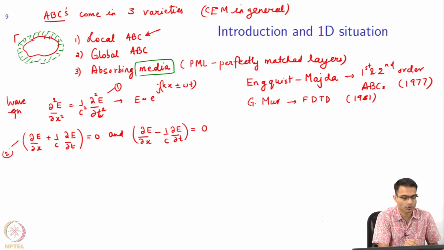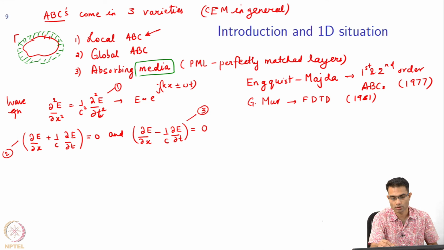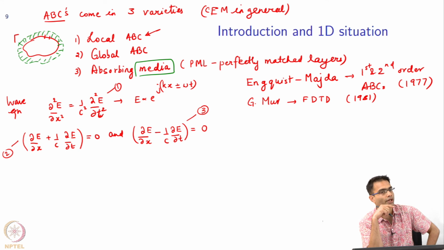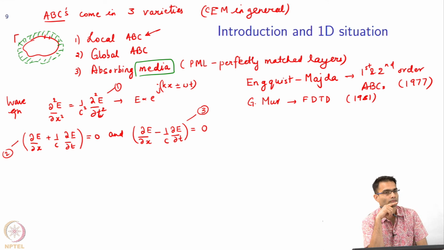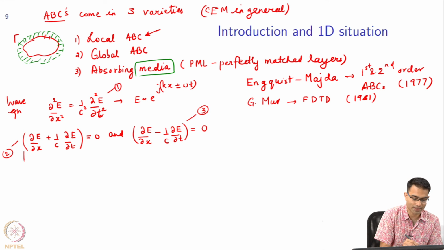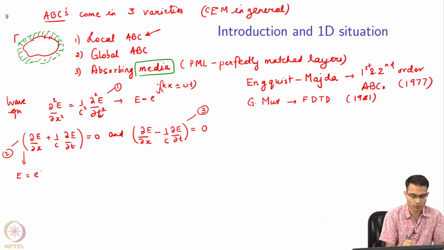What about equations 2 and 3? Do they also satisfy both left and right waves? No, right. So, supposing I take the first equation, what E satisfies this? Right going wave, right. Supposing I take e to the j(kx minus omega t).